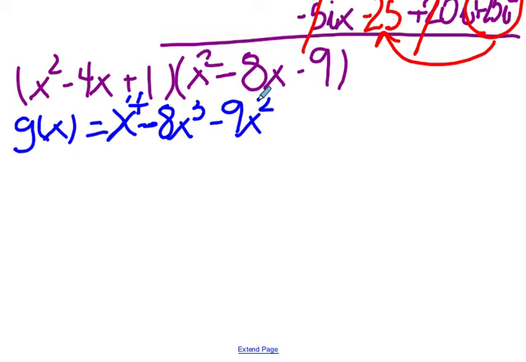Negative 4x times x squared will give us negative 4x cubed. Negative 4x times negative 8x will give us a positive 32x squared. And then negative 4x times negative 9 will give us a positive 36x.